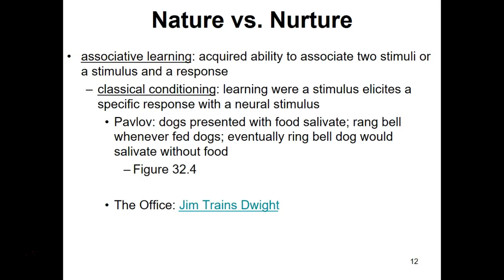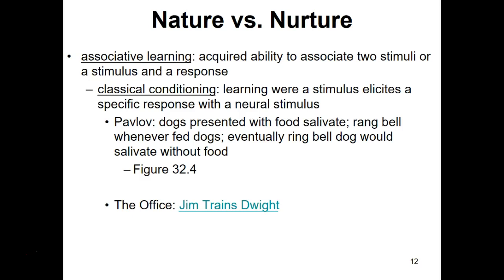And then you have associative learning, when you associate a certain stimulus with a response. Classical conditioning is learning where a stimulus elicits a specific response. The best example is Pavlov's dogs.